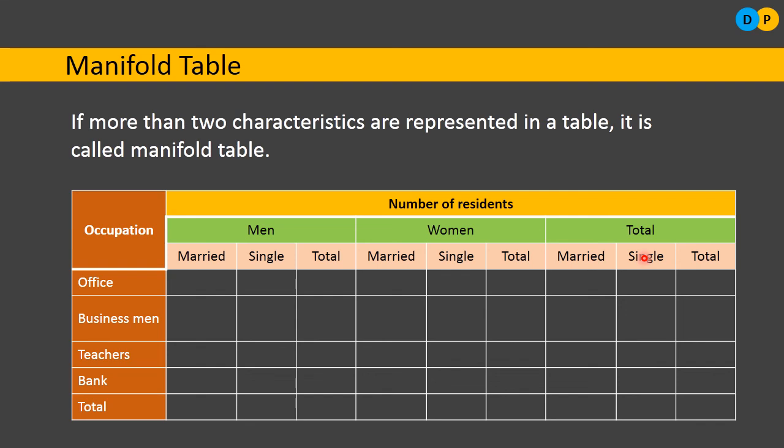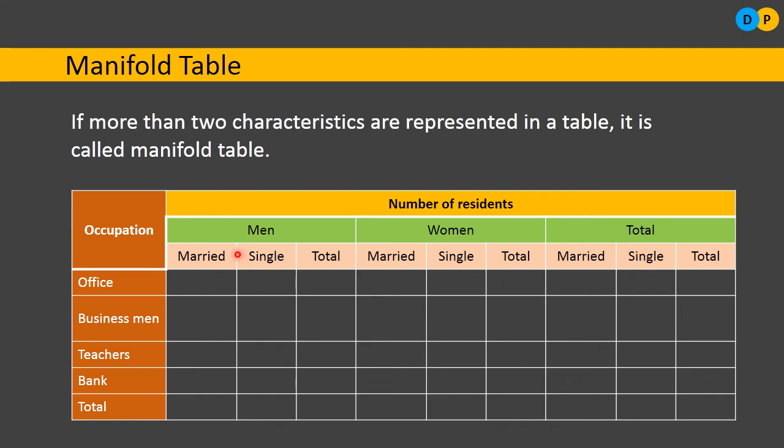Sometimes the caption can be divided into two, or the stub can be divided into two. And the third type of table is the manifold table. Here we represent more than two characteristics.